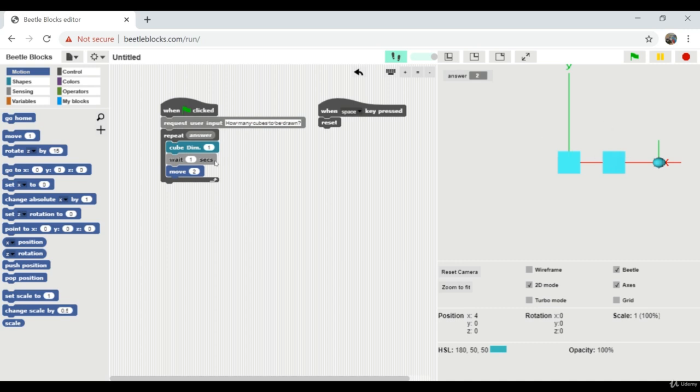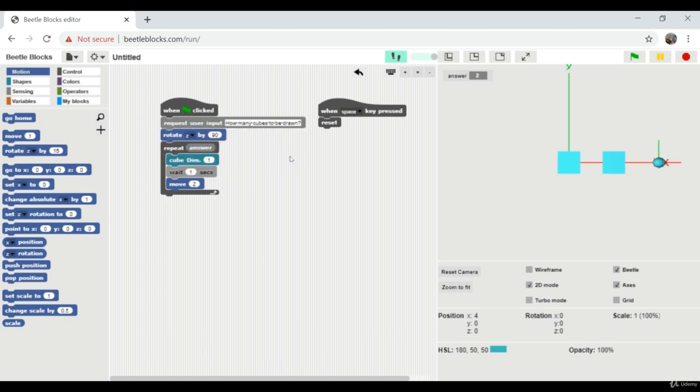So let's say if we rotate it again, if we rotate it by say 90 degrees, we can put the rotation here.